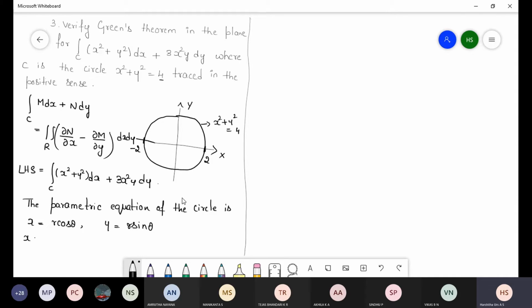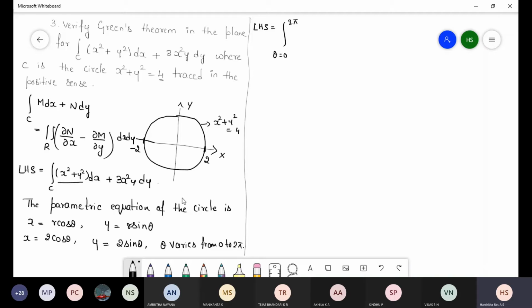But here our r value, as I told, x square plus y square is equal to r square, so x is equal to 2 cos theta, y is equal to 2 sin theta. As I told, theta varies from 0 to 2 pi. This is the condition. Now LHS is equal to the integral over the curve, theta varies from 0 to 2 pi.